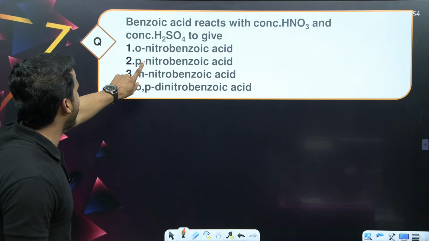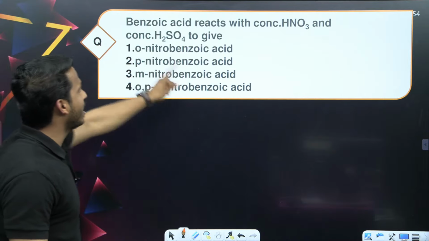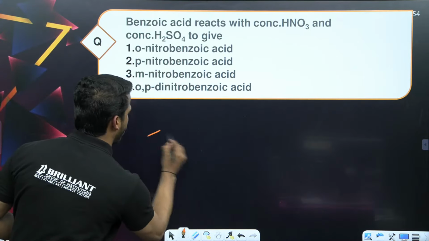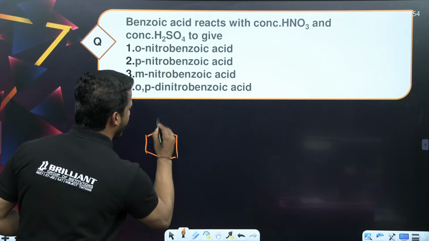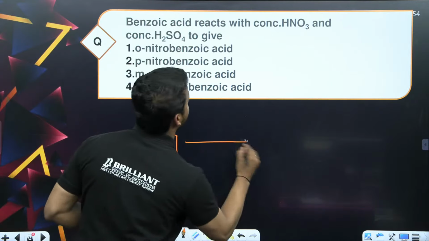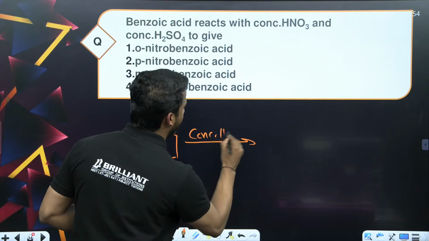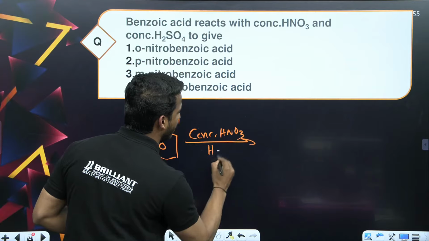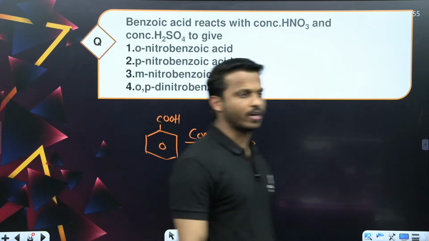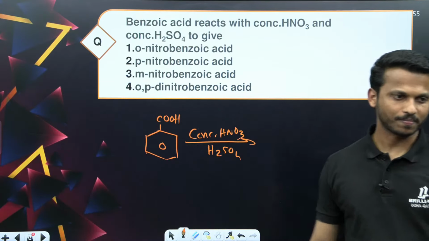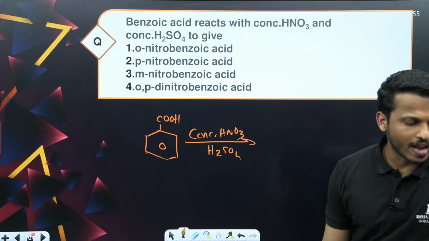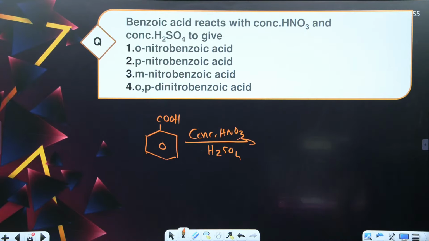One question remaining. Come on my dear students, benzoic acid reacts with concentrated nitric acid and concentrated sulfuric acid. What is the product going to form? Benzoic acid reacts with concentrated HNO3.